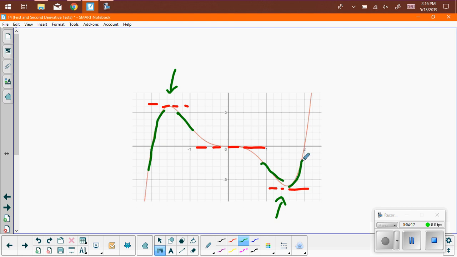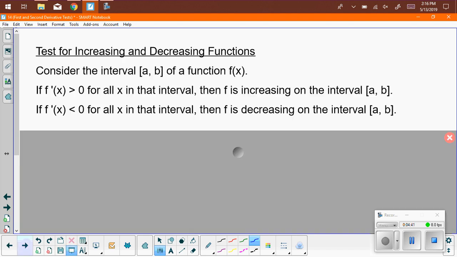So if you worked your way through the activity yesterday, hopefully what you noticed is that when a function is going up, my derivative is positive because my tangent lines are all positive here. And when my function is decreasing, when it's going down, my tangent lines are negative. That's what this next part is going to describe briefly.